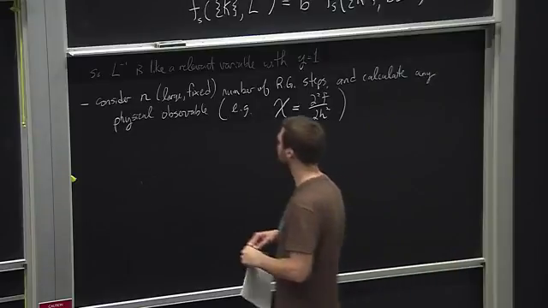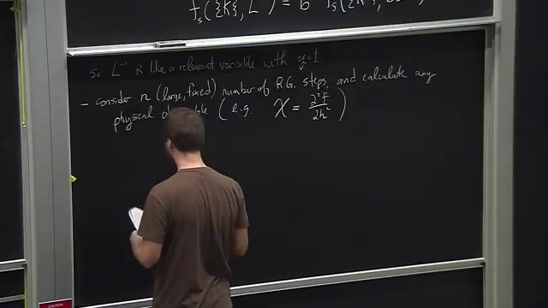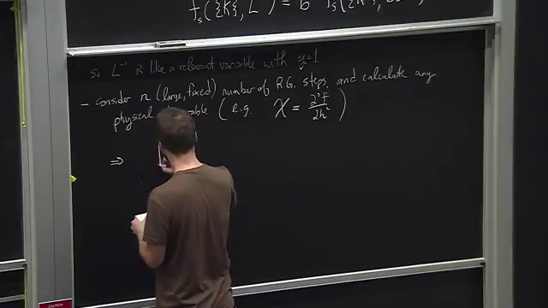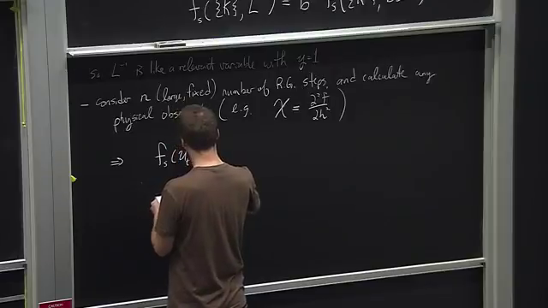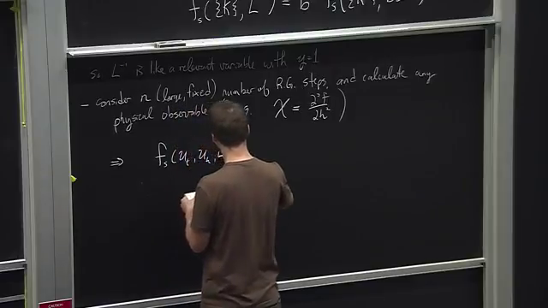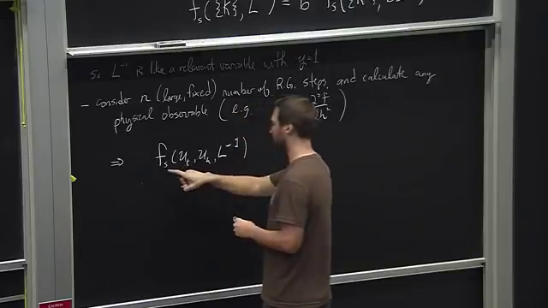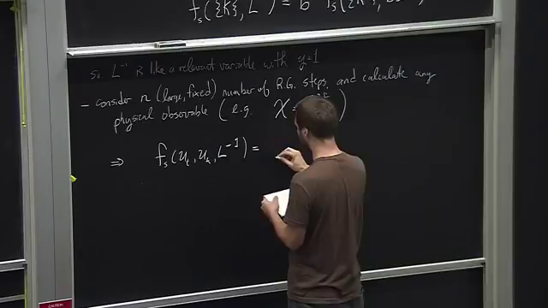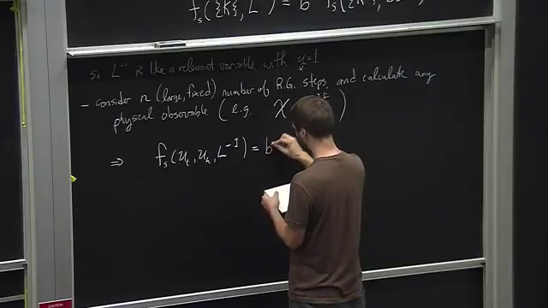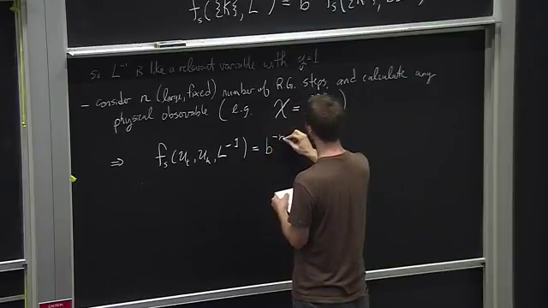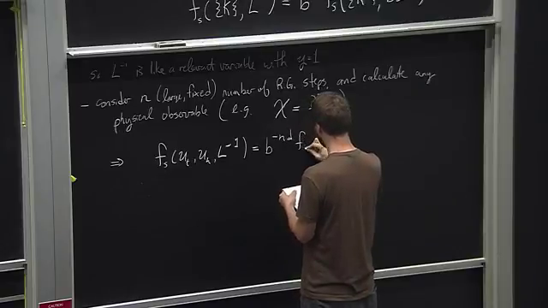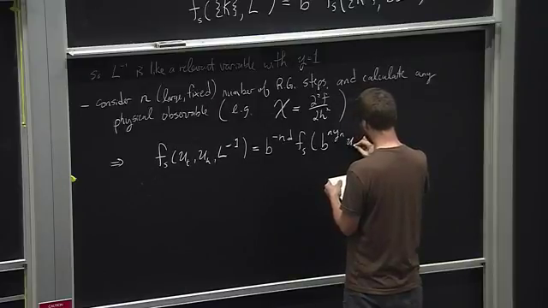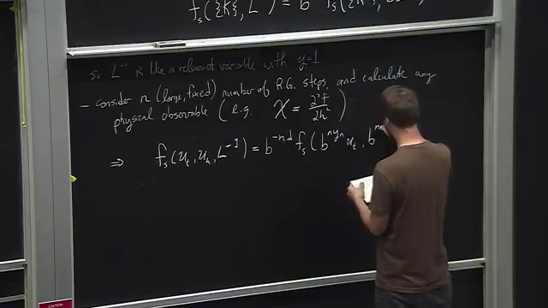Okay, so after fixed large n steps, let me write the singular part of the free energy. I'll write in terms of, this is something I've written without the L before, so L to the minus 1. So there's n steps, so it's b to the minus nd. And the scaling dimensions pick up a factor of b to the n y.